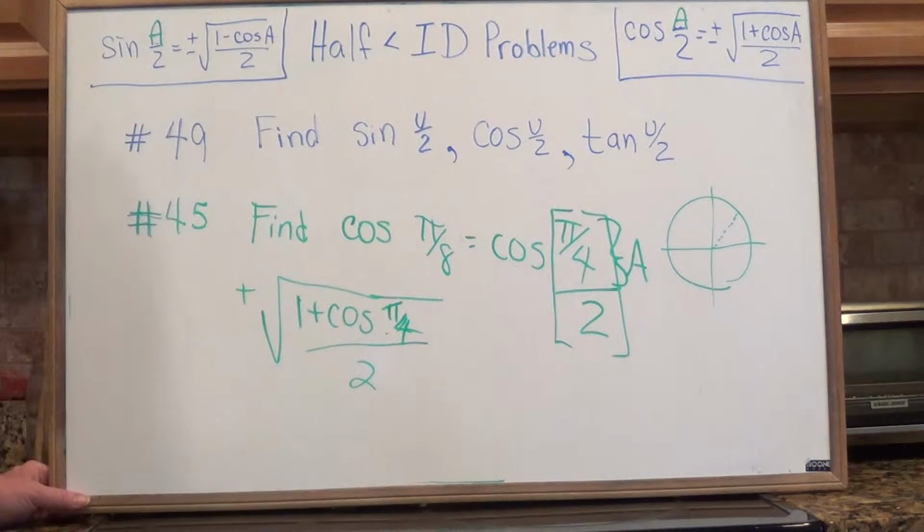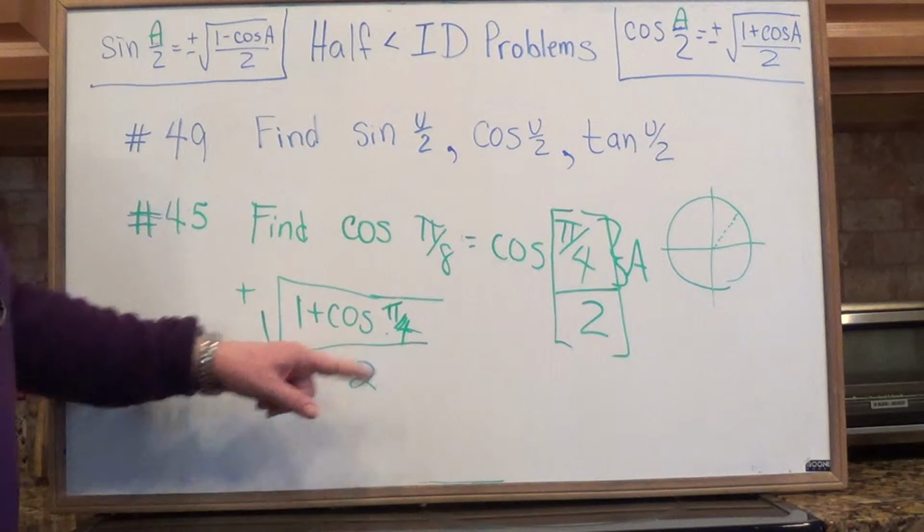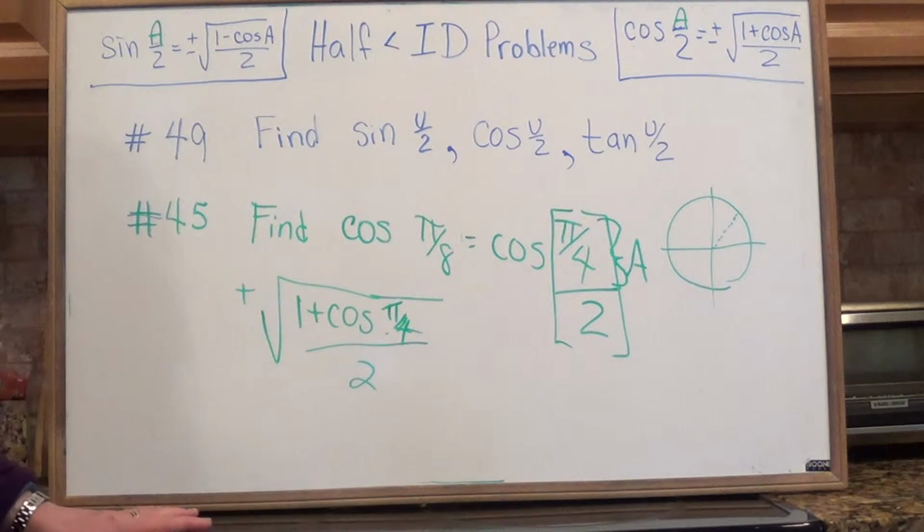All right. So we have 1 plus cosine of pi over 4. Pi over 4 is on the unit circle, and its value is square root of 2 over 2. When we put that in the equation, I don't think you'll have any trouble with the math there.